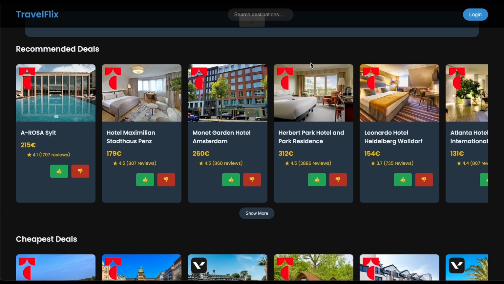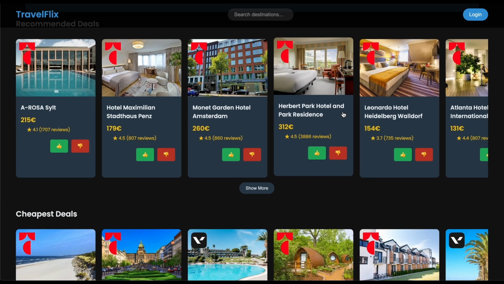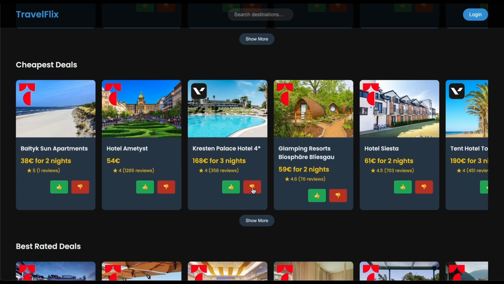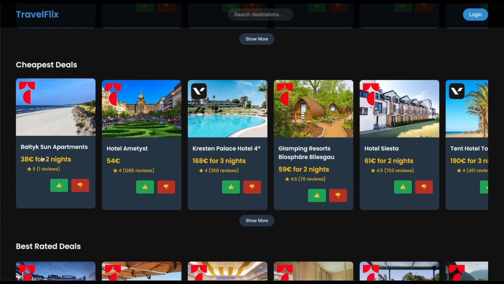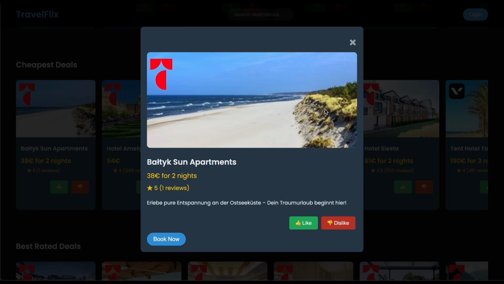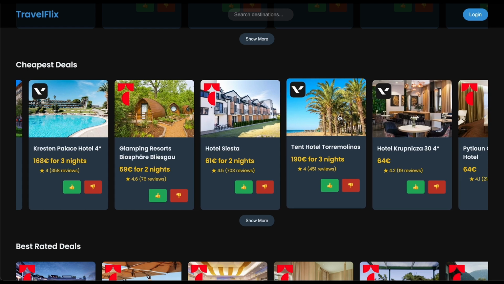Yes, so you have those different cards. Here you have some recommended deals, and those are all of the deals that I have sorted by how cheap they are. So, for example, I could find the Baltic Sun apartments at the East Coast in Germany, and it's just 38 euros per person for 2 nights, which is quite interesting.